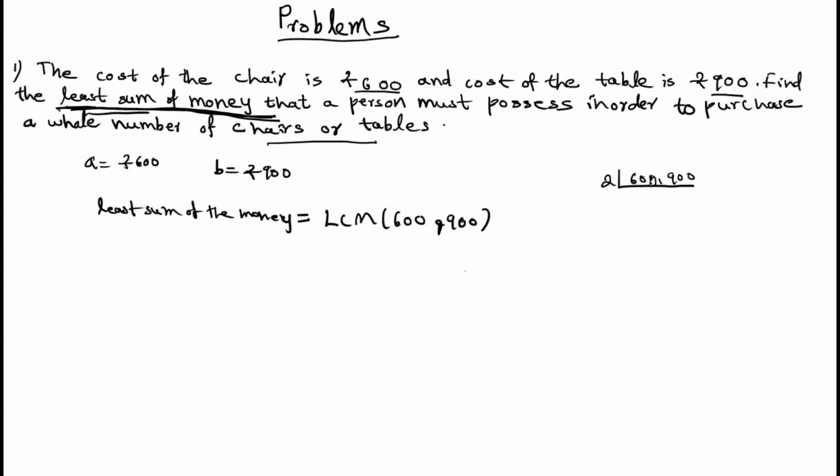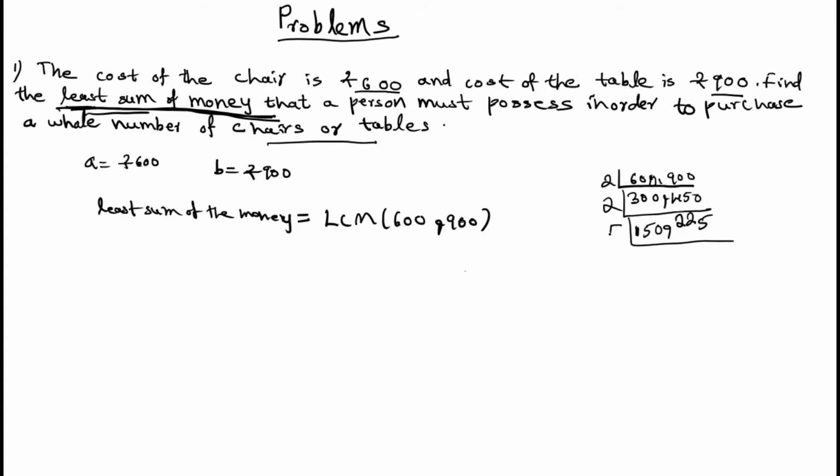Starting with 2, 2 3s are 6, 2 4s are 8, 10 is remaining, 2 5s are 10, so 300 and 450. Then again 2 1s are 2, 2 5s are 10, 150 and 225.